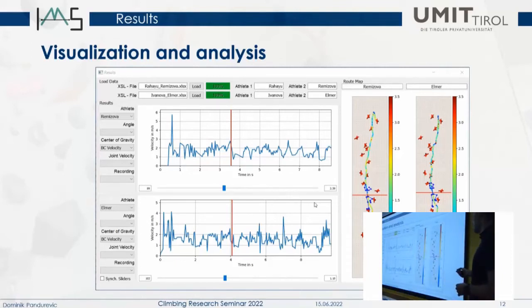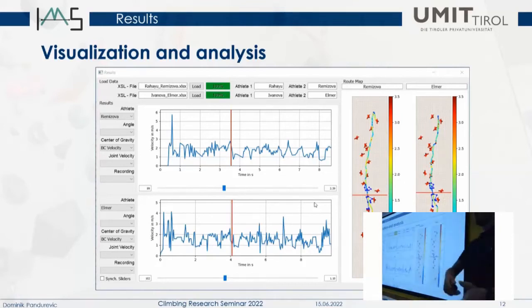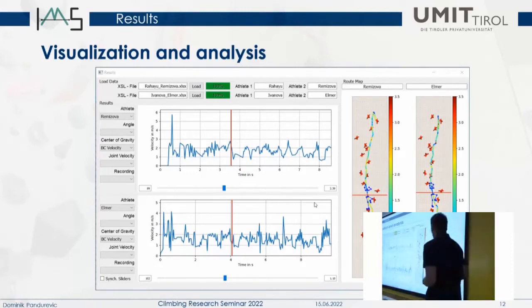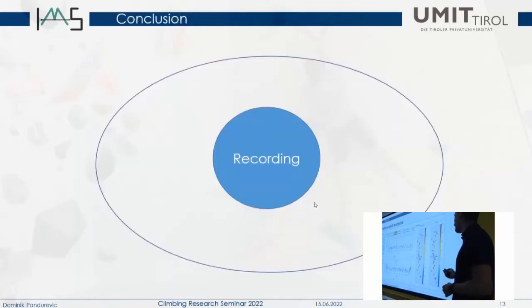On the right side, you can see the path of the center of gravity and the speed. Therefore, you can compare different athletes. For example, you can take a world record holder and compare it with an athlete from a national team. We are cooperating with the Austrian national team and therefore also use some data from them.